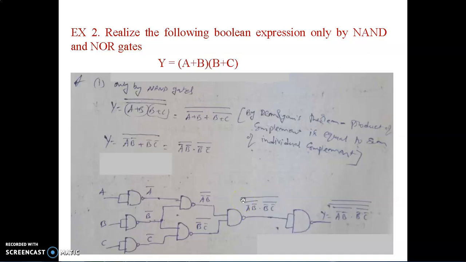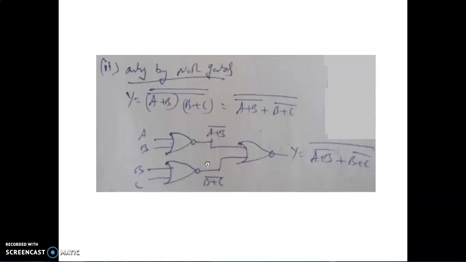So in order to avoid this, an additional complement needs to be generated. This is possible by applying the final output to the NOT gate using NAND gate. So an extra complement gets generated here. These two get cancelled with each other. So this equation is same as that of the simplified equation.